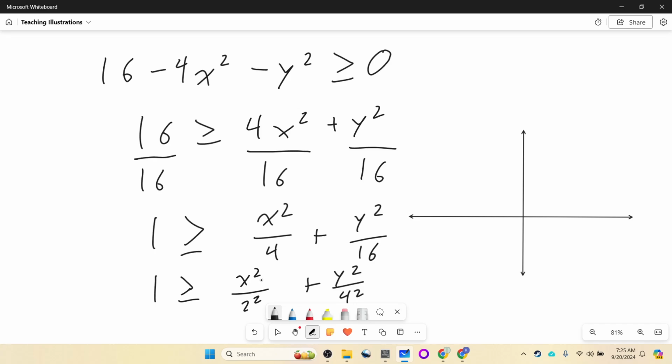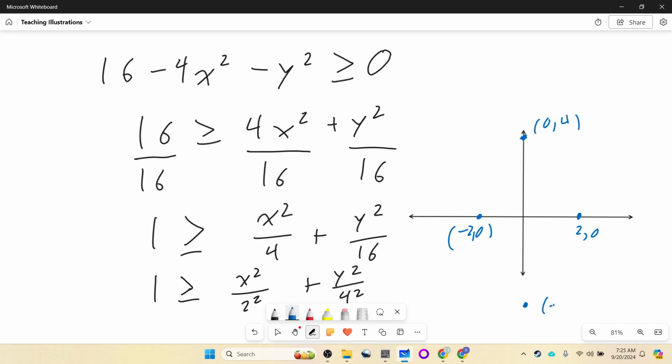The x goes up to 2, the y goes up to 4. So we will say here is 2, 0. Here is negative 2, 0. Here is 0, 4. Here is 0, negative 4.